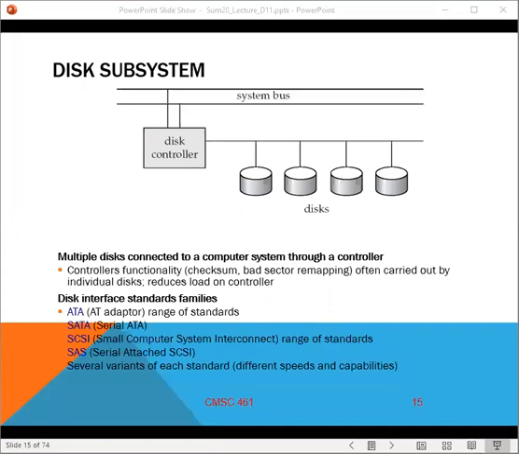So there's an intermediary between disks and the system bus known as the disk controller. The disk controller takes the signals from the system bus, and it will then read the appropriate sectors on the right disk drive, and then store it in the disk controller memory, and then when the system bus asks for it, it'll provide it.